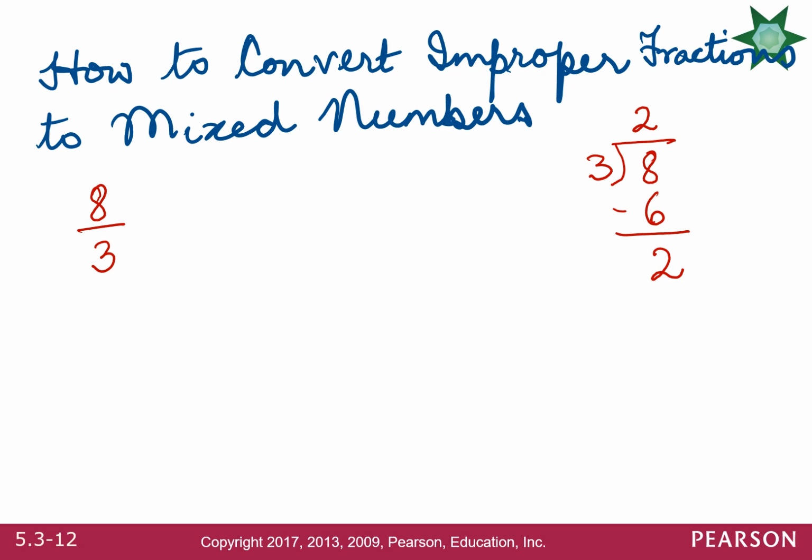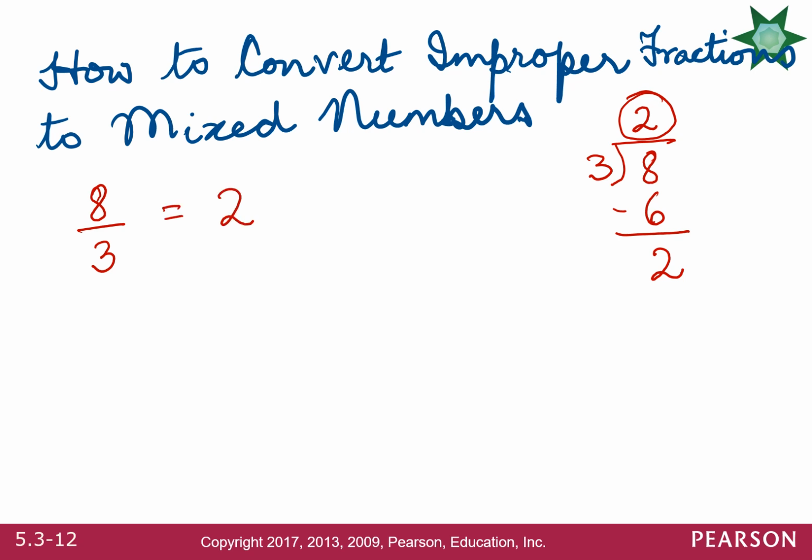All right, now we can write it as a mixed number. The value of the quotient on top here is the integer part of the mixed number. So I'm going to write that as 2.